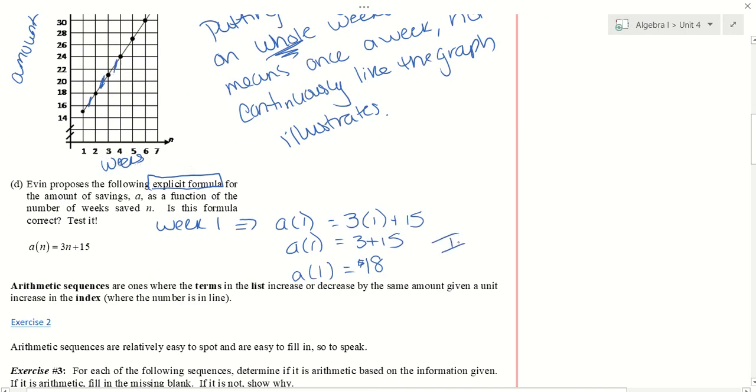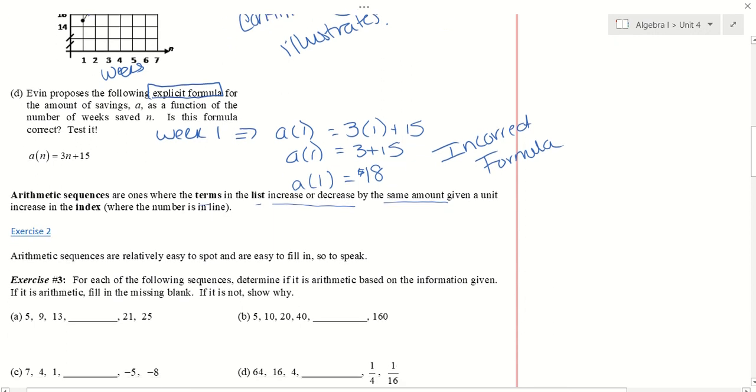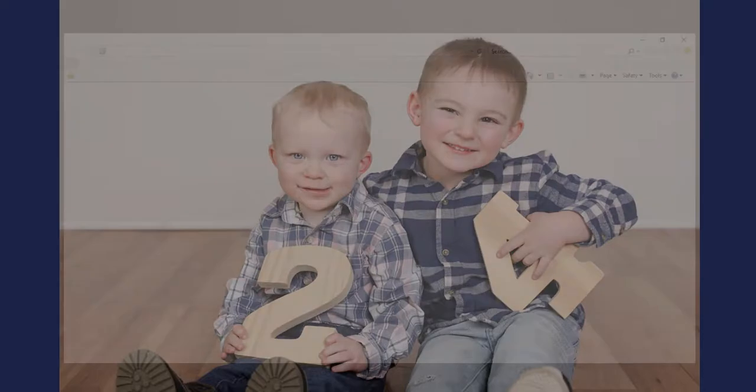So incorrect formula. Try to think about what the formula should be, because we're eventually going to get there where we try to create our own formula. So just think about it. So now, arithmetic sequences are ones that have terms in a list that increase or decrease by the same amount given. So go ahead, let's click on exercise 2, everybody.